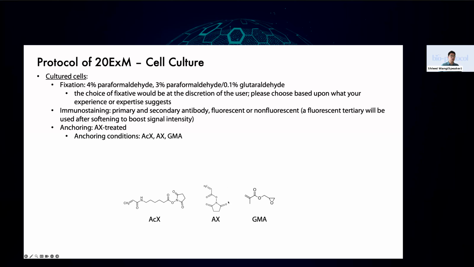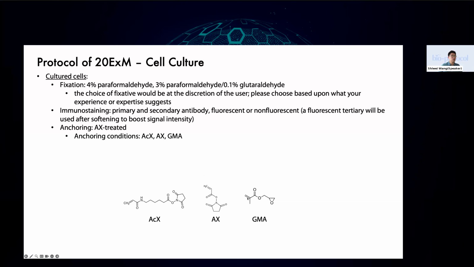What it does is essentially it reacts with the proteins inside the cell through the NHS moiety and installs an acrylate or acrylamide moiety onto the protein so that it can be directly incorporated into the polymer network. In the original ProExM paper in 2016, we reported using ACX. In this paper, we have switched to only use AX because we haven't noticed a performance difference between the two, and AX is significantly cheaper than ACX. So that can save some money.